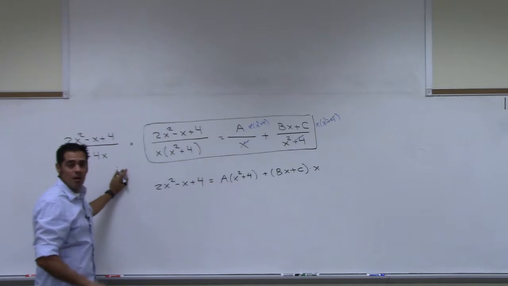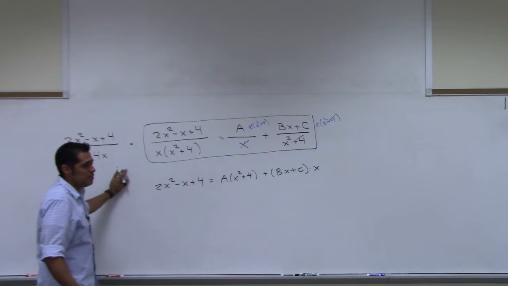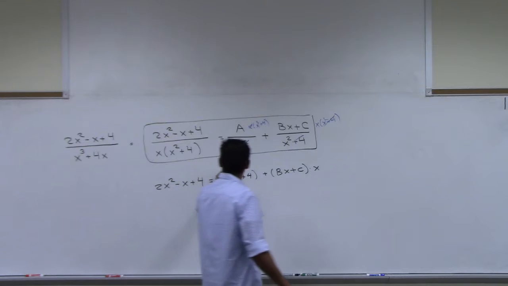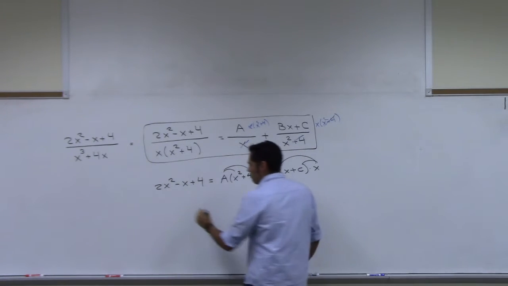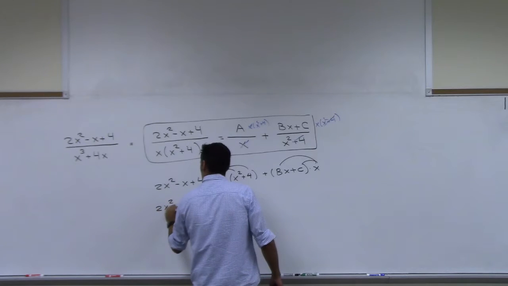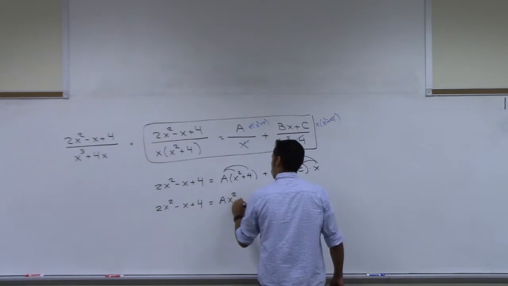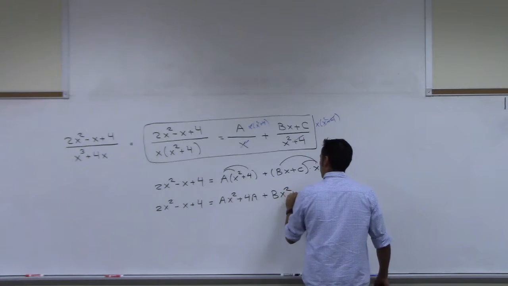So let's just do the long method. I don't think it's going to take us very long, and now that we have our calculators, we for sure can get that system of equations pretty easily. So I'm going to distribute A through, distribute x through, and get 2x squared minus x plus 4 equals Ax squared plus 4A plus Bx squared plus Cx.